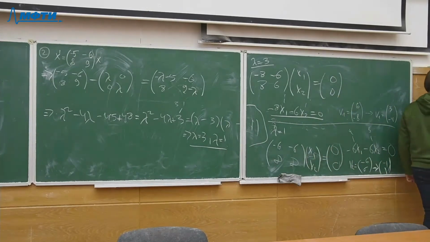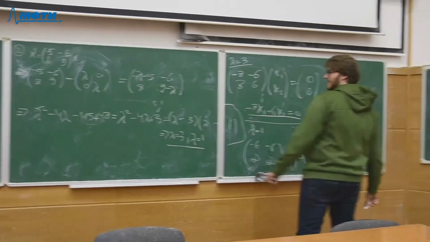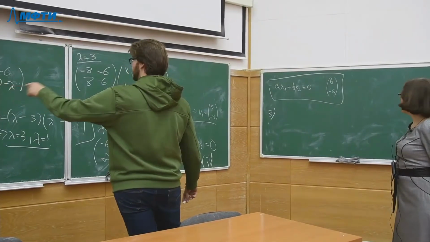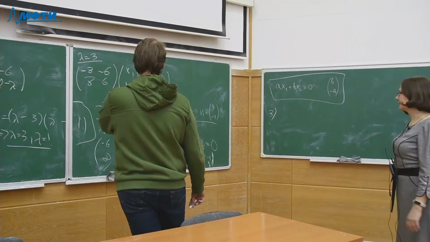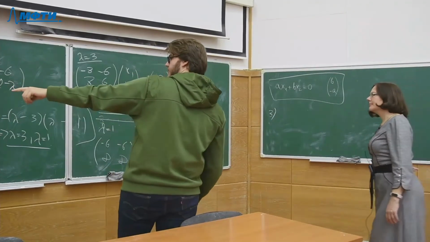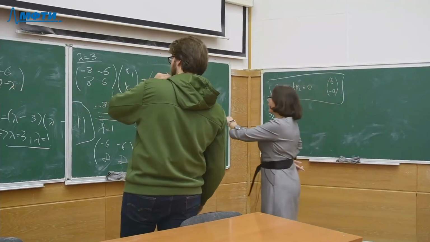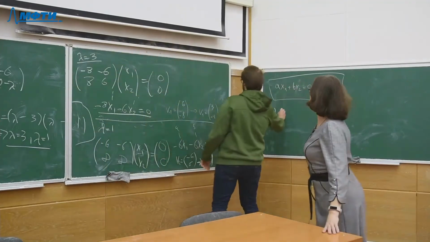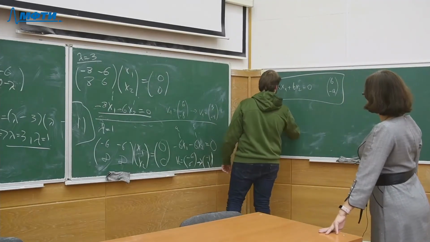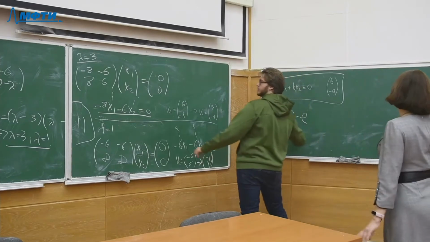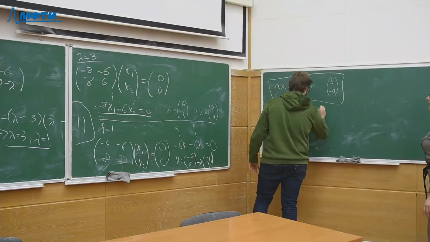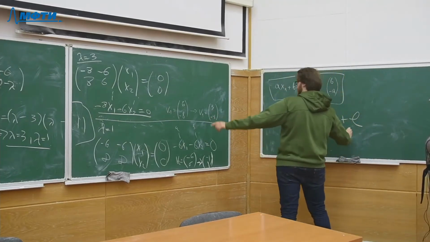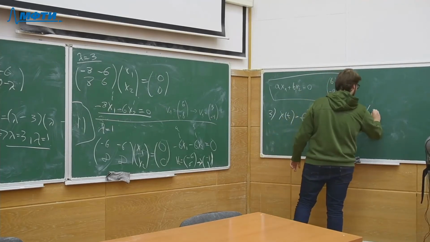And now you need to write the answer. The answer in the format of x(t): x is going to be equal to c1 times e to the power of 3t multiplied by the corresponding vector, plus c2 times e to the power of t multiplied by (-1, 1).